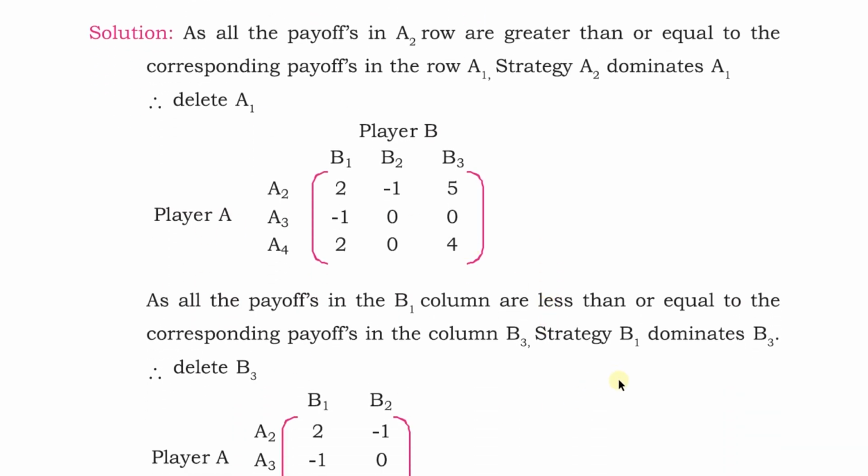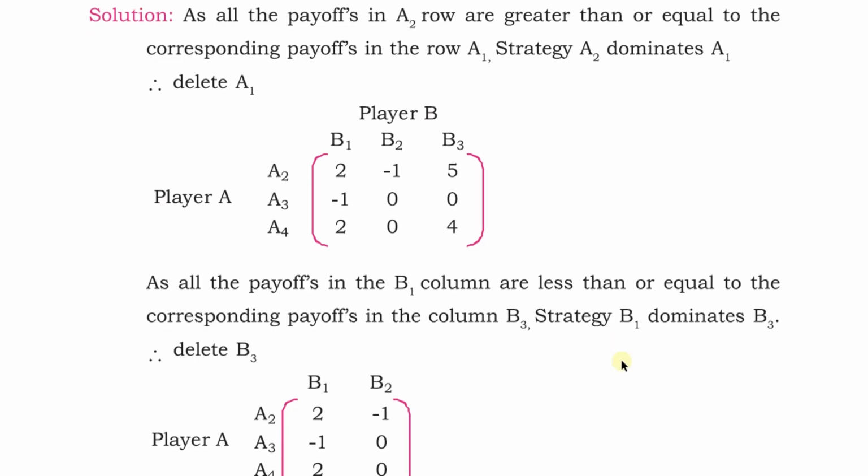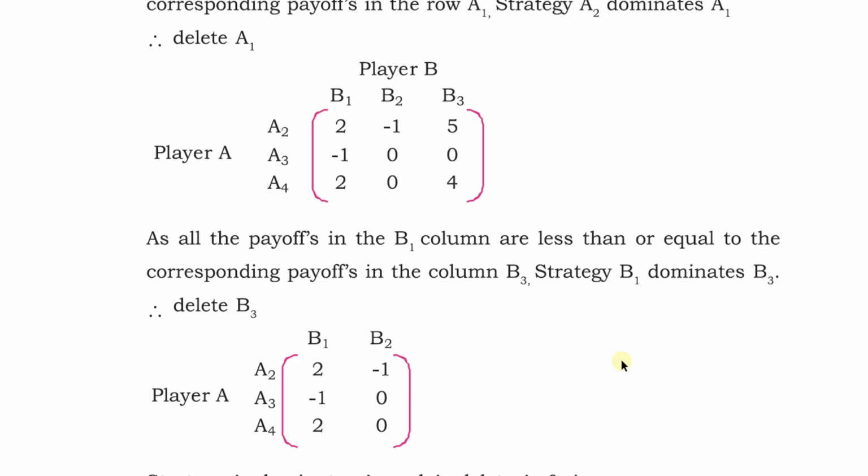Okay, now once we have done it in the row manner, now we have to go for column. So we have to look at the column here, and in the column it is the reverse of row. While comparing the rows, the one which is going to dominate should have elements greater than the elements of the other strategy. But here your dominating strategy will have elements lesser than the corresponding strategy.